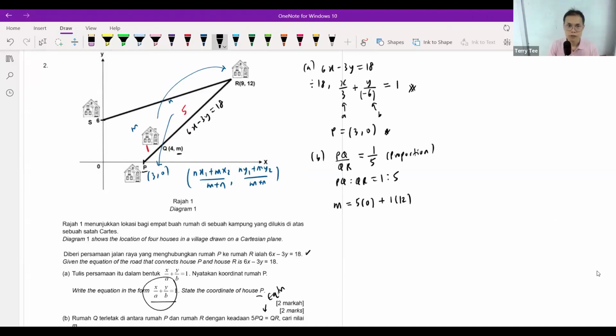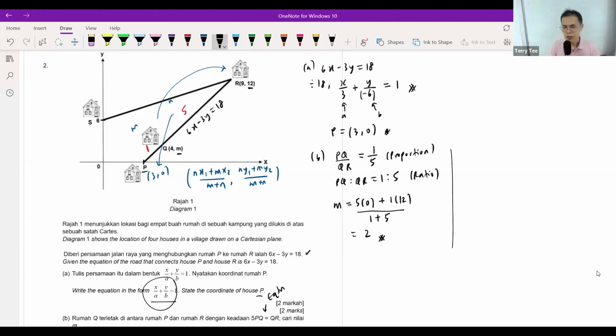Opposite coordinate is 12. You take 1 multiply 12. You can see 12 is the y coordinate of point R, divided by total ratio 1 plus 5, so that would be 6. So your 12 divided by 6, m is 2. By the way, as I said, this is proportion, this is ratio. So I like to write like this so that students understand. Yeah, we are changing from equation to proportion to ratio.